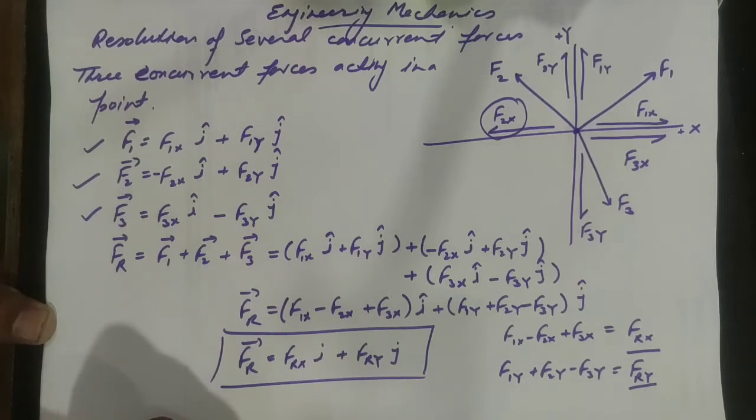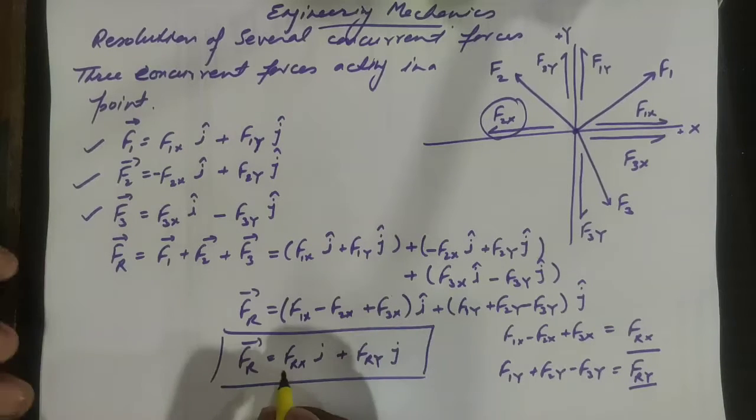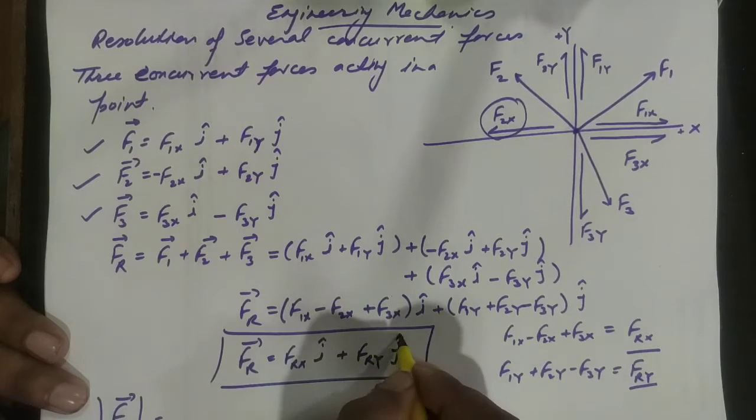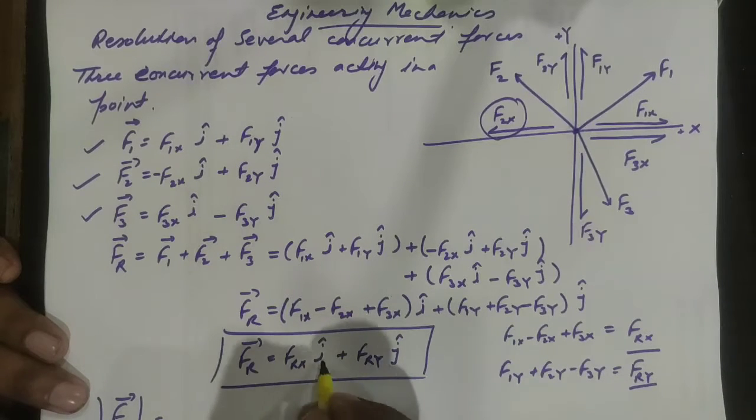If we need to calculate the magnitude of that resultant force, then Fr is equal to the square root of the coefficients of the unit vectors squared and added together: Frx squared plus Fry squared, under the square root.